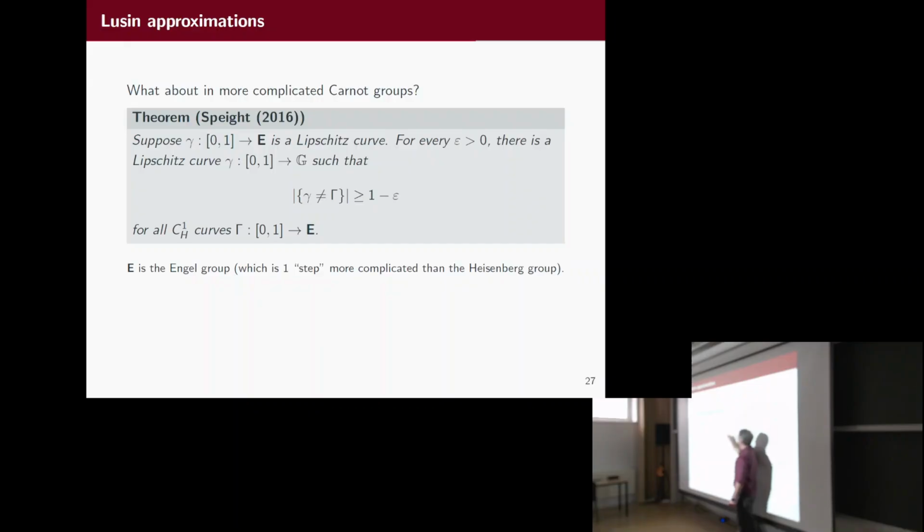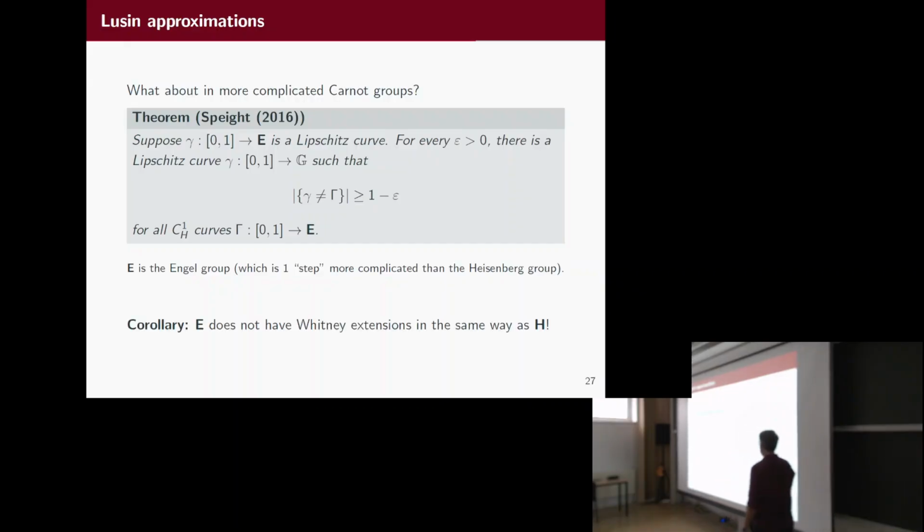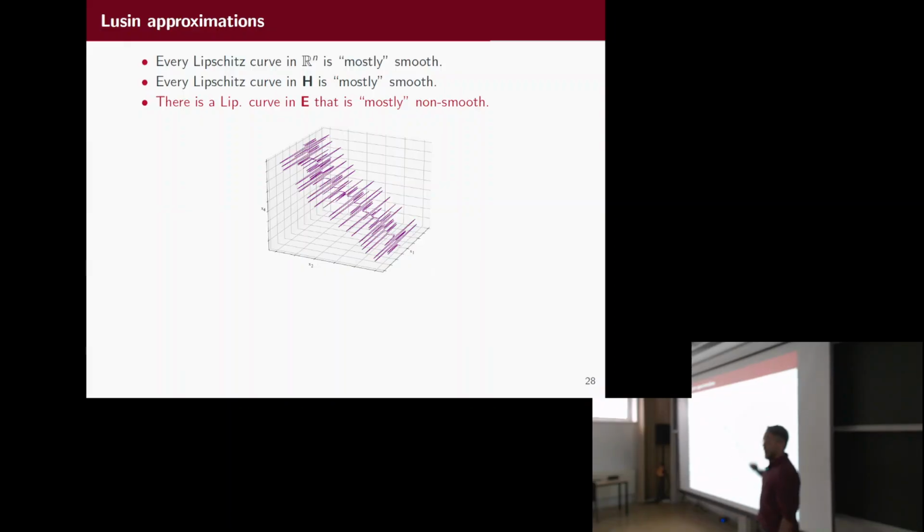Another way to think about this is that the set of times where they're the same has measure less than epsilon. You can create a really, really ugly curve like that in the Engel group. Here it is in these coordinates, x1, x2, x4, whatever. You can create a Lipschitz curve that is mostly non-smooth.